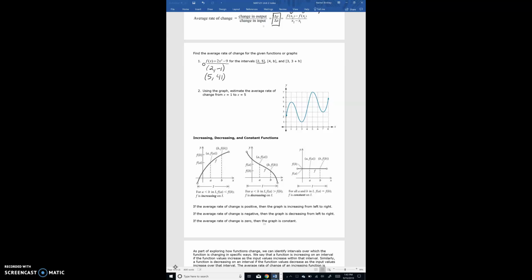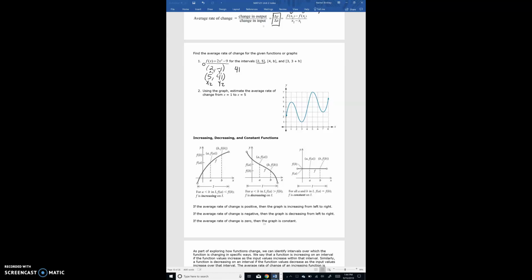So I have 2 points. As long as I have 2 points, I can find slope, right? I'm going to say this is my x1 and y1, and this is my x2 and y2.